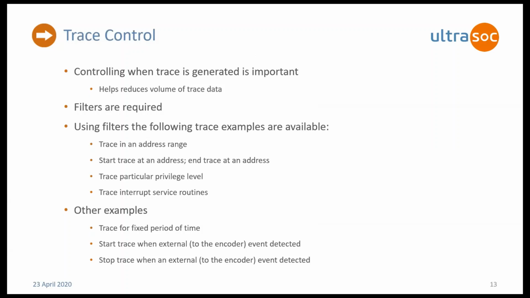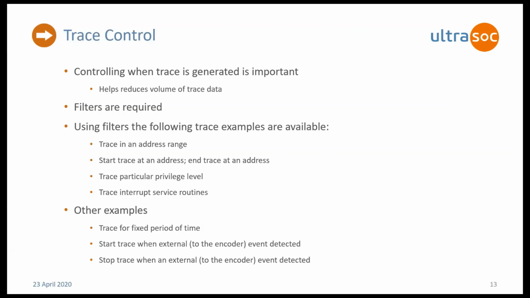You might want to only focus on specific types of particular functions within your code, or maybe trace only when inside an ISR, etc. To support that, there are filtering mechanisms which our trace encoder IP supports. They're not explicitly a part of the standard. I think the standard talks about filters, but does not specify how to create them and how to manage them.